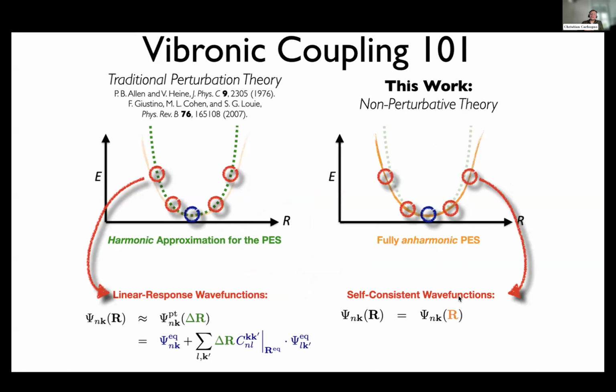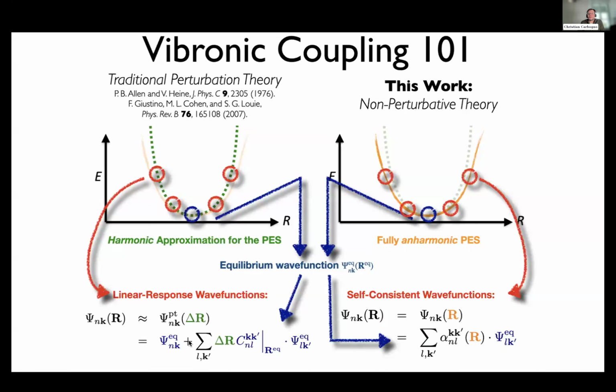Still, to better match back to equilibrium, we do a similar expansion as done in perturbation theory, but without an approximation. We do not do a Taylor expansion, but rather project these individual self-consistent wave functions back to equilibrium and then get expansion coefficients that are not constant like in the case of perturbation theory, but are highly nonlinear functions of the actual nuclear positions.